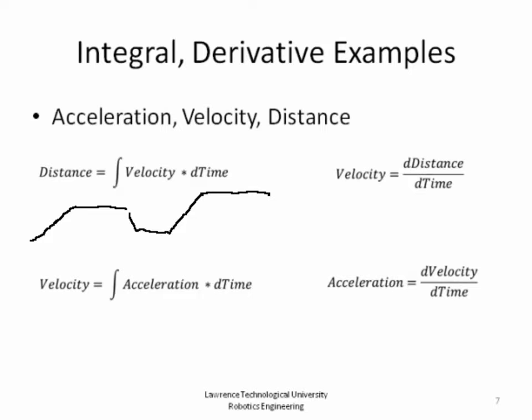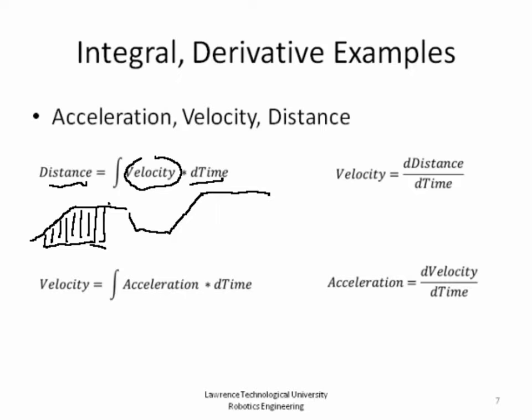Because we don't have just an algebraic relationship here. The way to solve that problem is to take the velocity as a function of time, multiply by each delta time interval, and integrate or accumulate that, and that gives us distance. So as I accumulate under this curve, this area under here equates to the distance that I've traveled in that period of time.